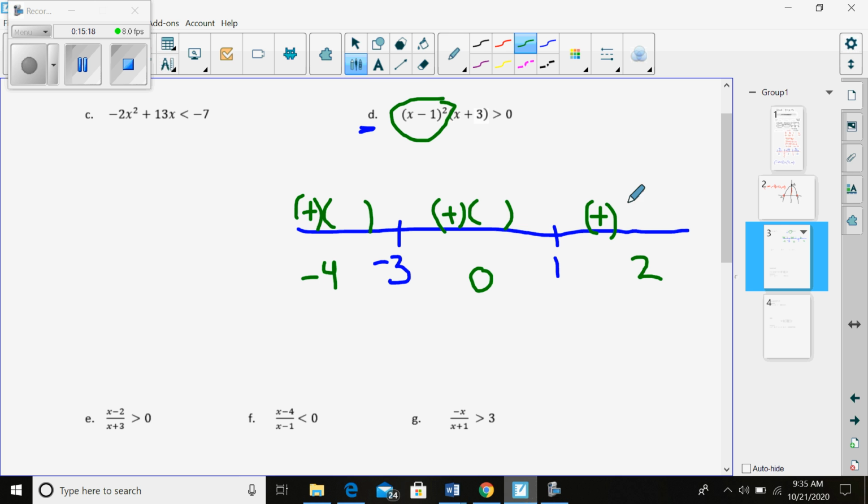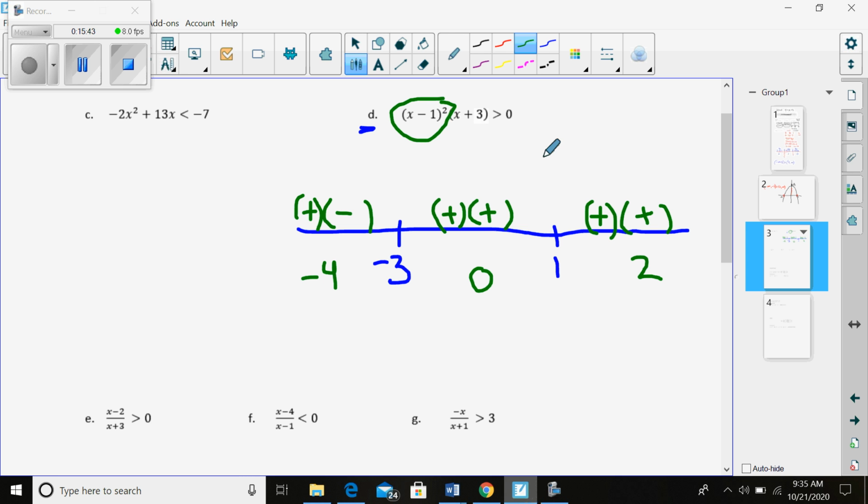Plug each of the values I have here in green and decide whether you get a positive or negative. Okay, so that would be negative, positive, positive.